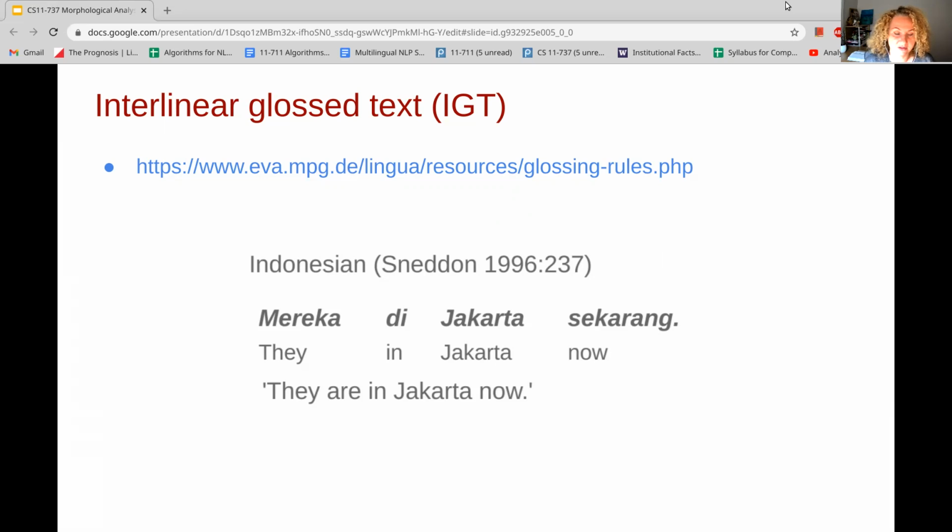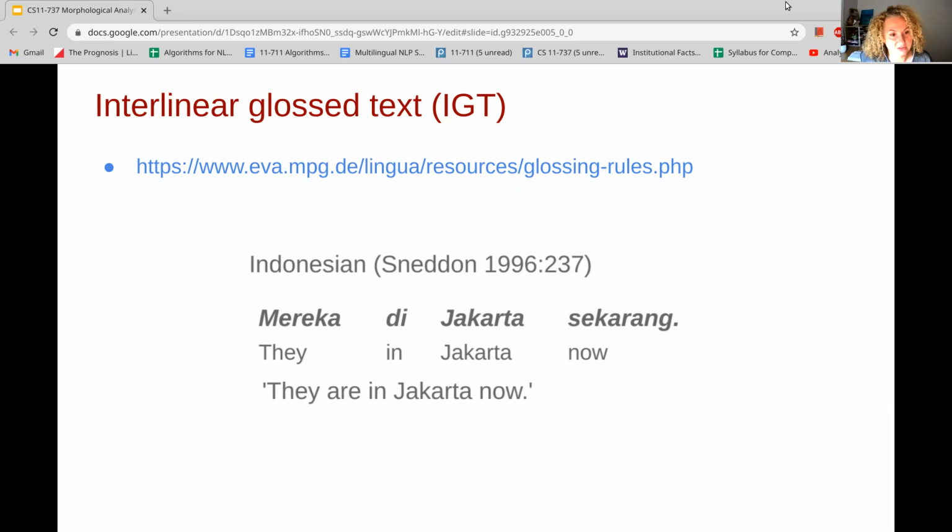This is why it's called interlinear. Every token in the second line is written in a meta language, in English, but it is not an English sentence. This is an alignment with tokens in the object language. So you can see that the words they, in, Jakarta, now are aligned with the first line. All tokens are aligned, and this is important.